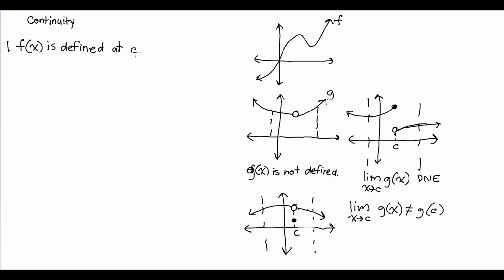Another condition: the limit as x approaches c of f of x actually exists. And the third is that the actual limit as x approaches c, now that we know it exists, has to actually equal the value of the function. And if all these are true, you know that the function will be continuous at a point.